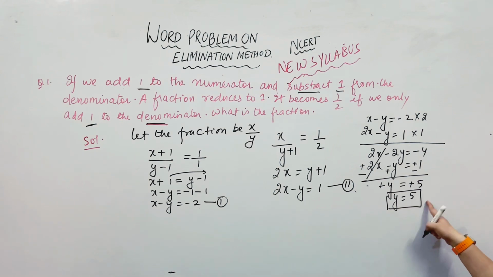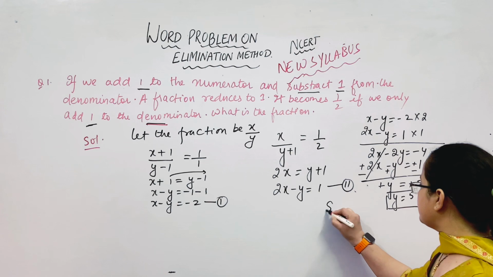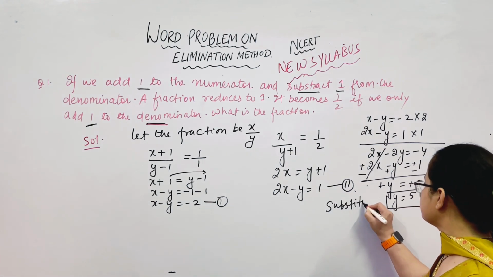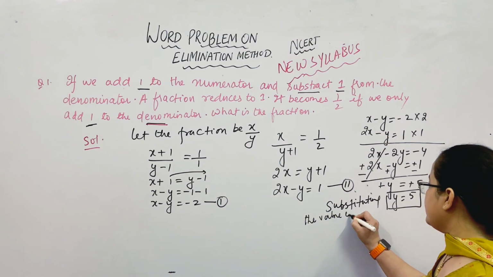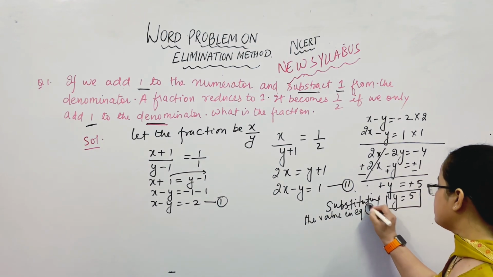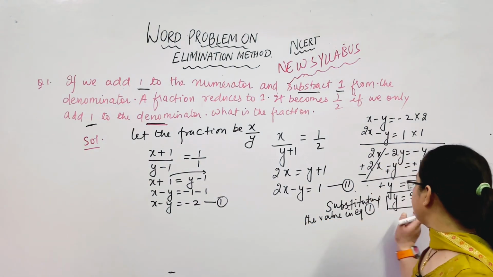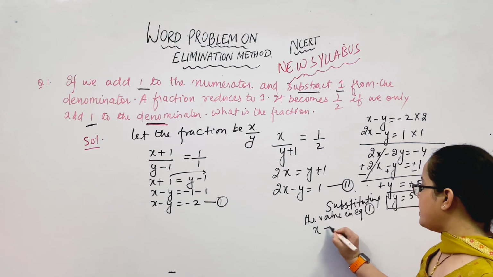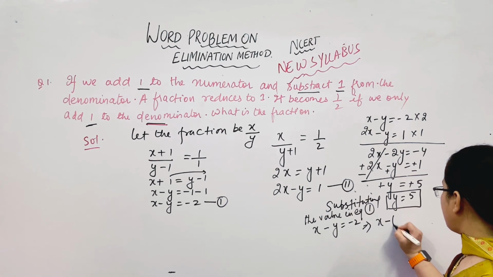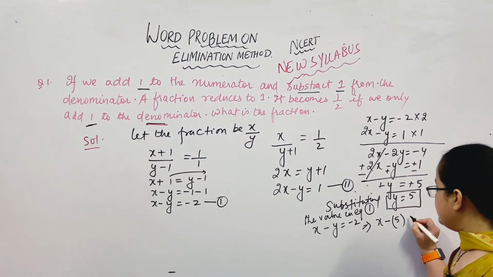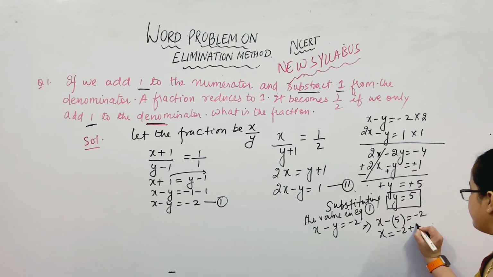So, what I will do, I will just substitute the value of y in either equation 1 or 2. So, substituting the value in equation 1. Instead of y, I will write 5. So, x minus y is equal to minus 2. x minus 5 is equal to minus 2. x is equal to minus 2 plus 5.